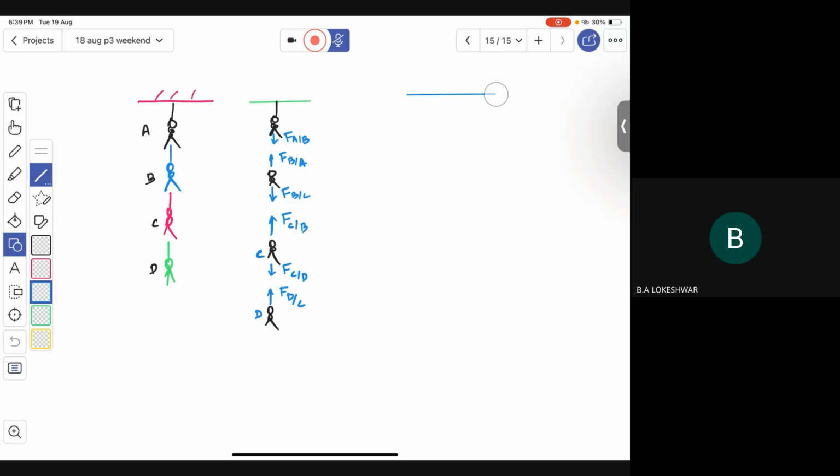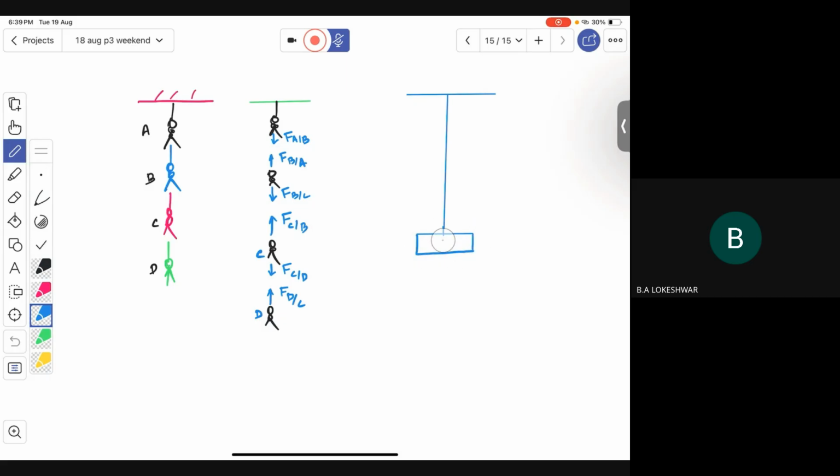So next I have a string like that, which is hanging in the vertical plane, and we have a block suspended with the help of it. And what kind of string is it? Ideal. So if I ask you how the tension will be acting at any point, suppose I ask you to find the tension, maybe I'll name the points as, suppose this is A, this is B, these are different points in the string, this is C, this is D. Suppose I ask you to find the tension at C, whatever the tension at C will be, it is going to be an action reaction pair.